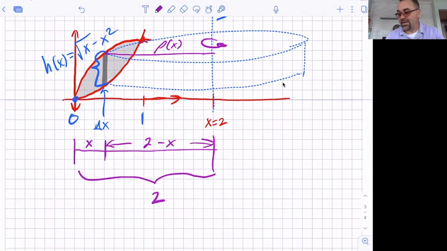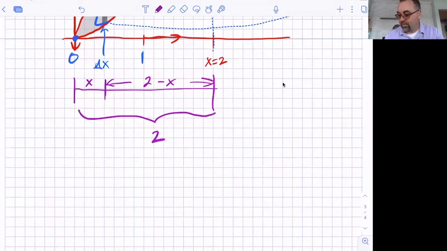So let's set the whole volume equation up. Our volume then is 2 pi. Now remember, the region has not changed, so the interval is still 0 to 1. The height function hasn't changed. The width function hasn't changed. What did change was our radius function.